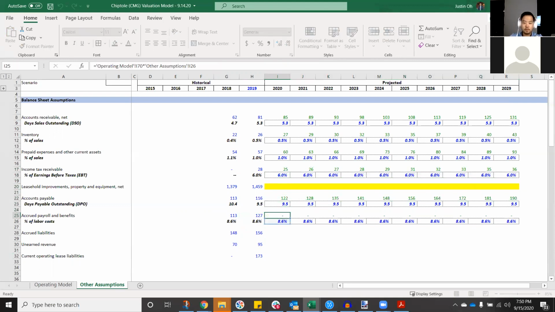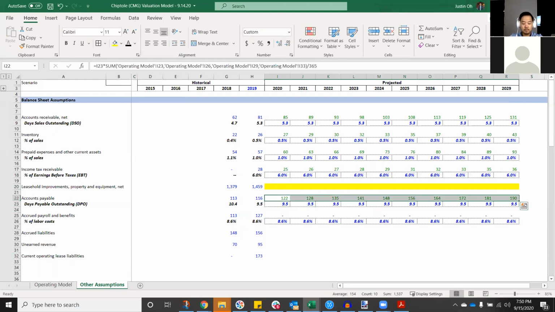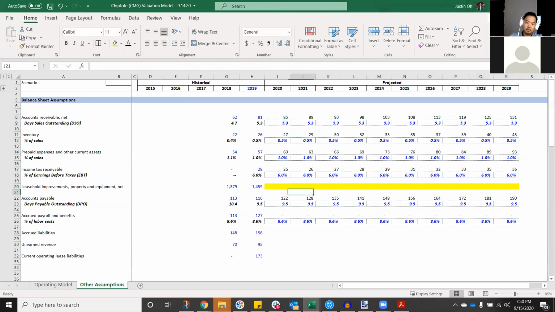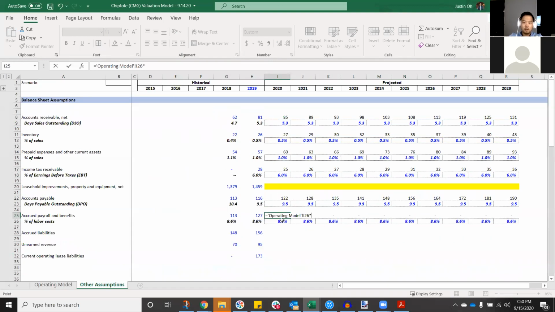Actually, I don't think that these are supposed to be green. It's been a while. So now equals labor costs 2020. I keep having to remember that. Labor costs times percentage of labor costs. Cool.